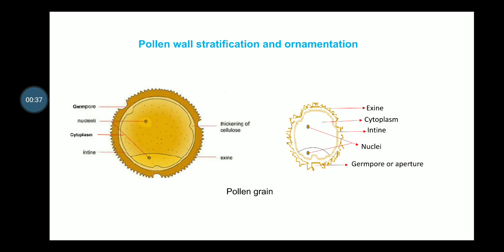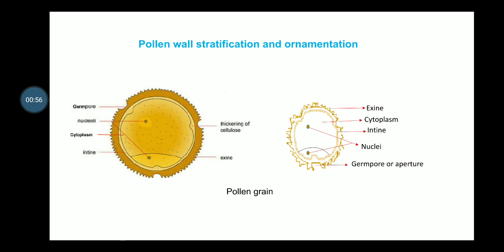First of all, here is a diagrammatic view of a pollen grain, and clearly it is shown in the picture that there is some ornamentation on the external wall of pollen.